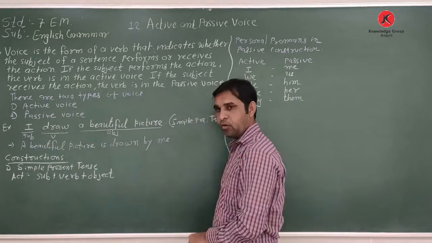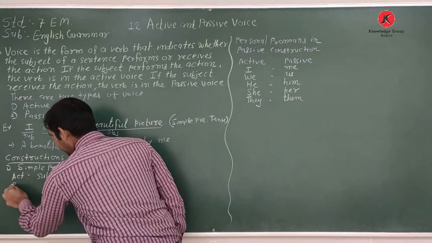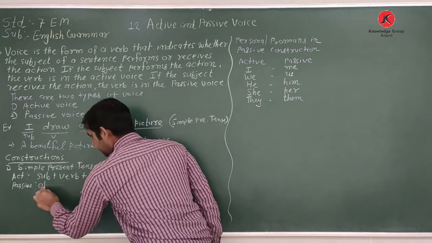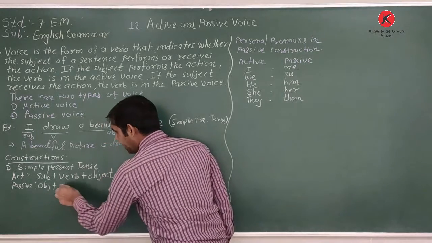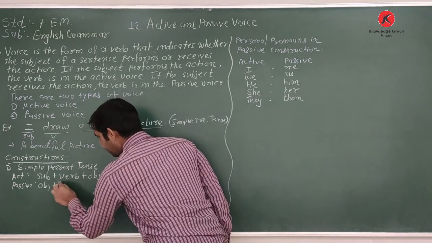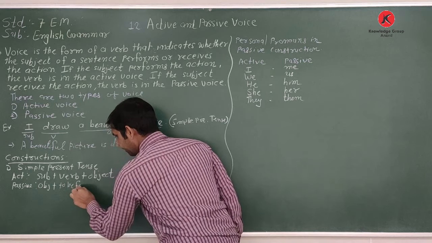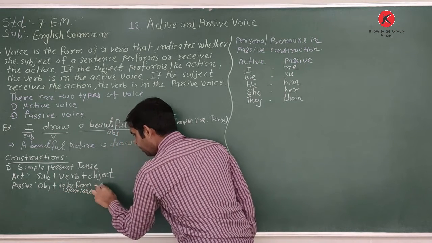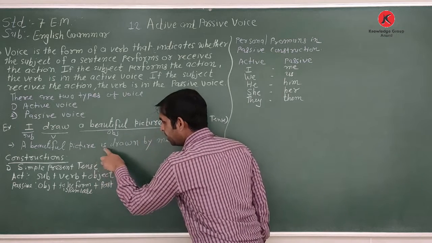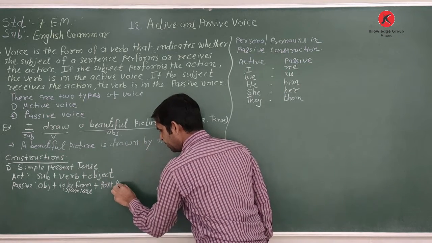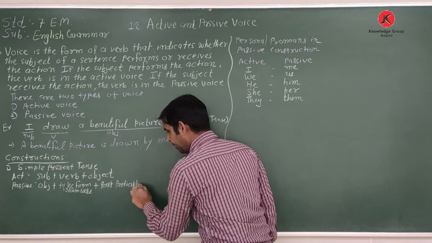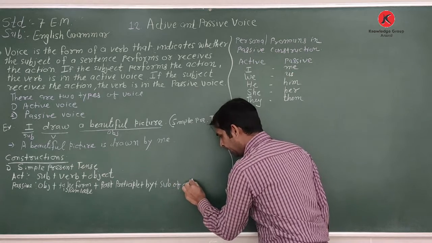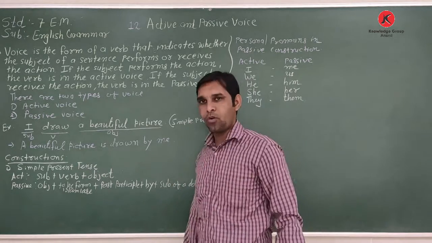Then the passive construction of simple present tense: write the object, then the to be form, which is is, am, or are, plus the past participle, then the word by, then the subject of the doer.